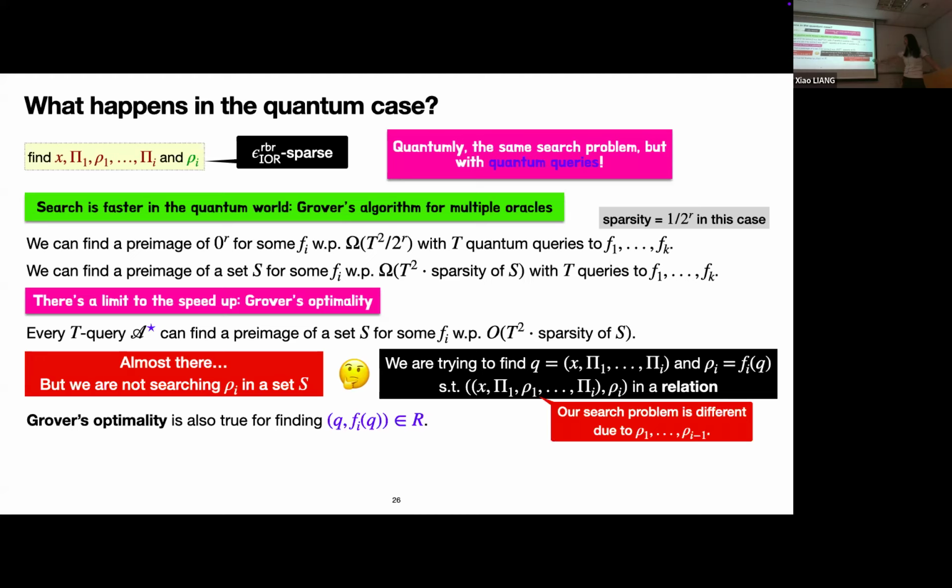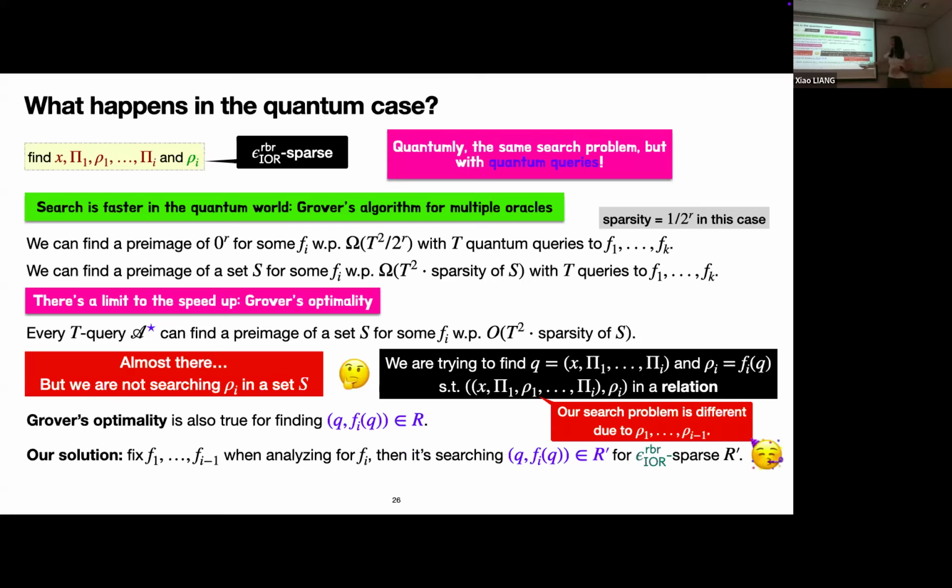Furthermore, our search problem is different due to the fact that it depends on the previous row i's. So this relation is parameterized by the previous oracles. When we're analyzing for Fi, we fix the previous oracles. Then it's equivalent to searching for something in a relation R prime, and that is an epsilon sparse relation.